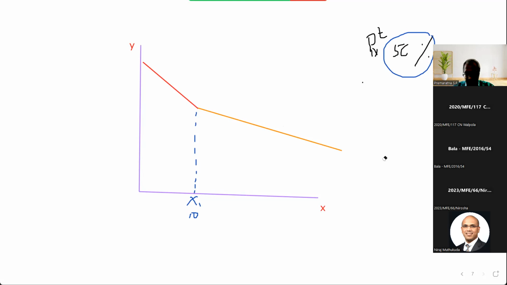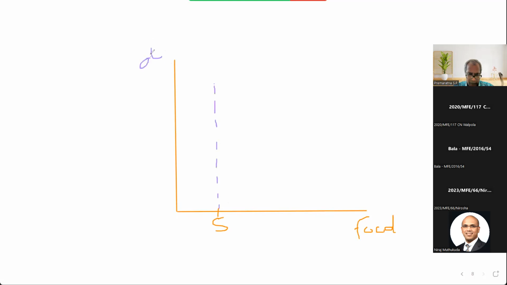Now, another example, let's say the government gives a subsidy, since people have malnutrition, a food subsidy. A coupon given free of charge, and you can buy a certain amount, let's say 5 units, free of charge. So in that case, the budget line goes up to this point, since you get it free of charge, meaning the other goods.